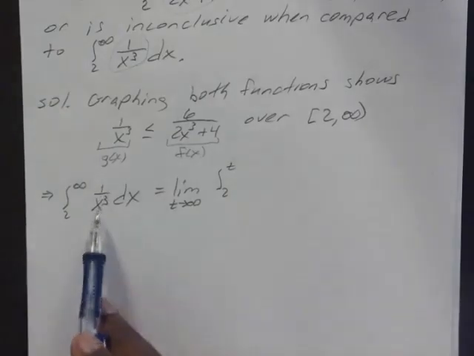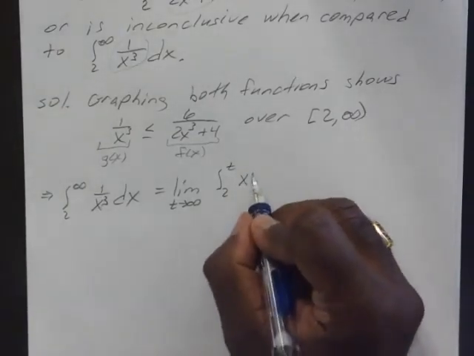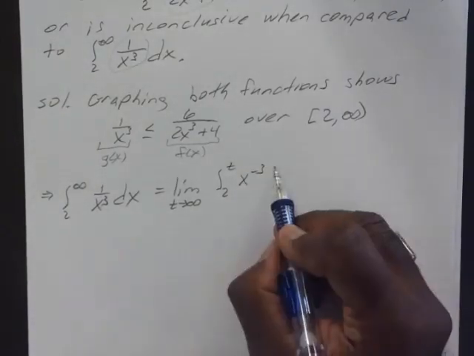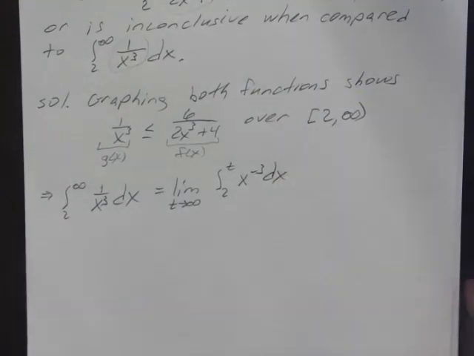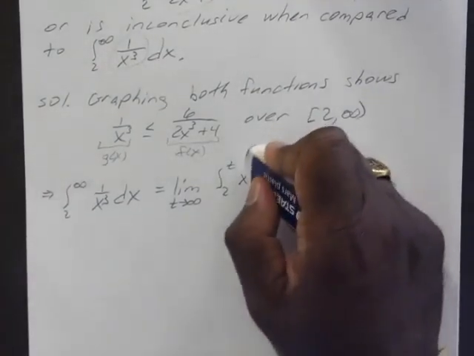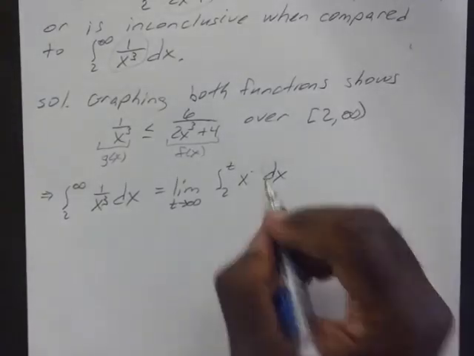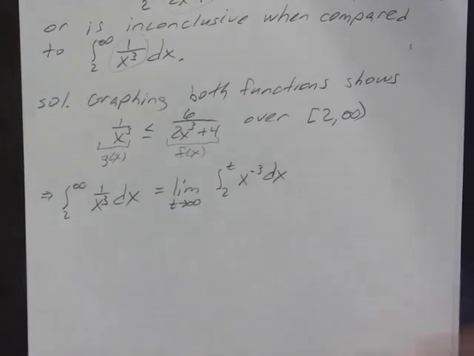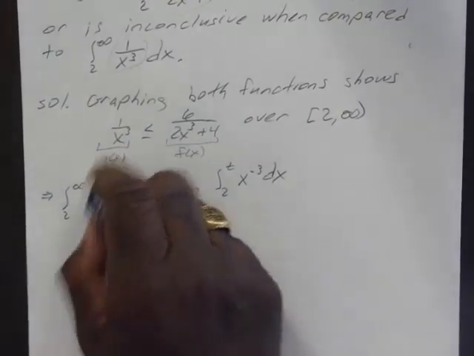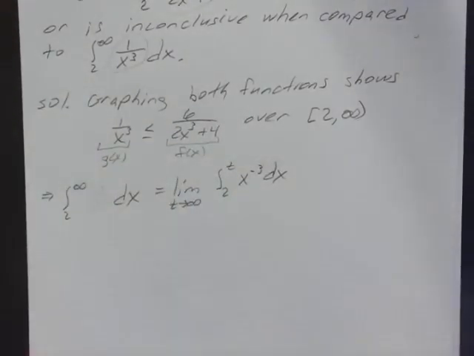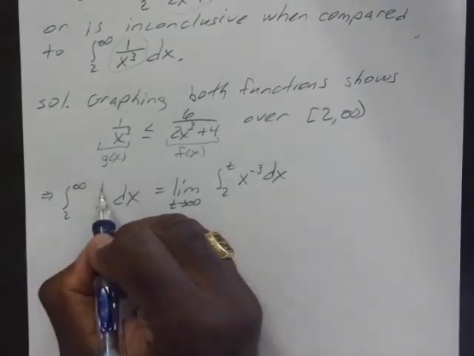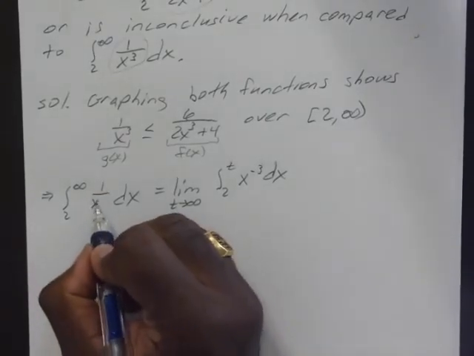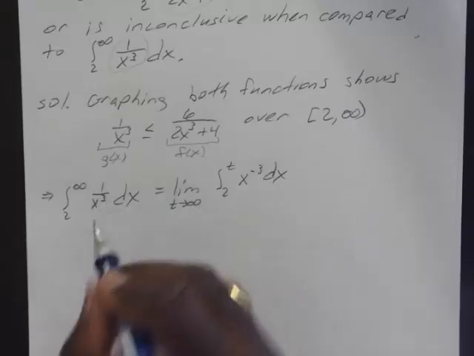And instead of 1 over x to the third power, we're just going to rewrite that as x to the negative 3 power with respect to x.